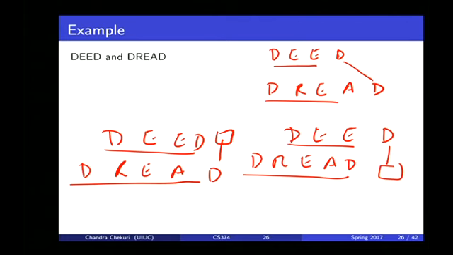Aligning DEE with DREA, that's one problem. Aligning DEE with DREAD, that's another. The third case is aligning DED with DREA. Then I recurse again on that, and each of them will generate three problems on its own.